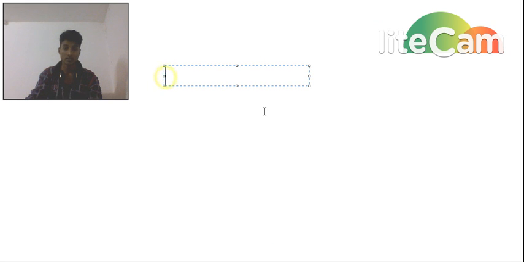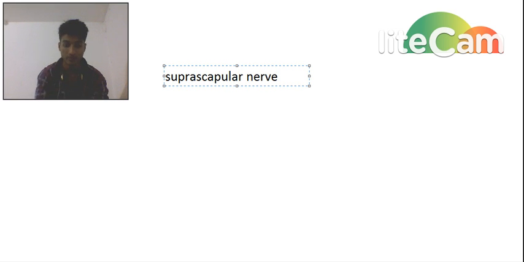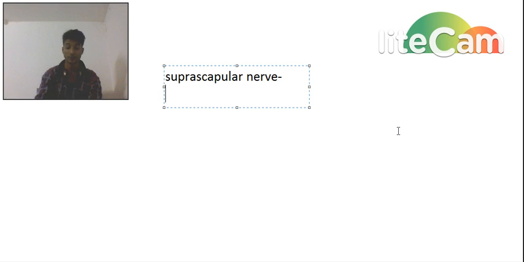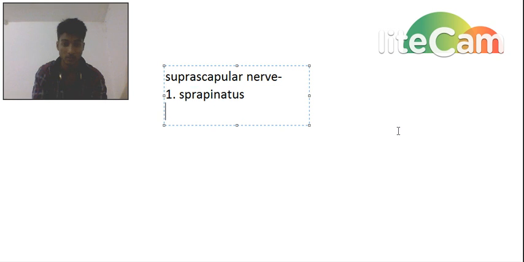But other than this, you can know about the suprascapular nerve. I'll just write it down. Suprascapular nerve. This gives off various branches. The first branch supplies the supraspinatus, while the second branch supplies the infraspinatus.